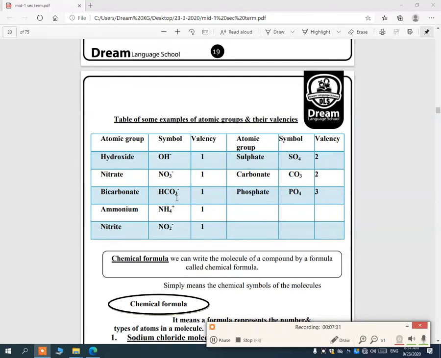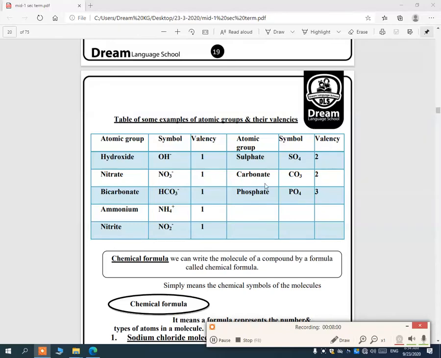And we have ammonium, and its symbol is NH4, which carries 1 positive charge, and its valency equals 1. Take care, ammonium is the only monovalent atomic group which carries a different charge from the others. Next we have sulfate, SO4, which carries 2 negative charges, so its valency equals 2.